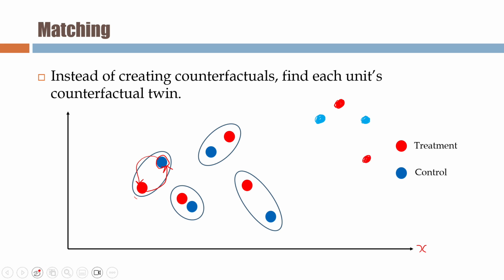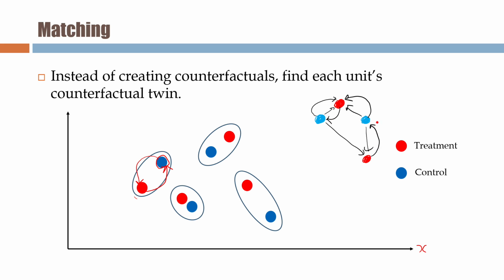Then what could happen is this one's counterfactual will be this one, because this is the closest. This is closer than this one, this is far away. And this one also, this is closer. The red one's counterfactual will be this, because this is closer, so red chooses this one. And this one's counterfactual will be this one.